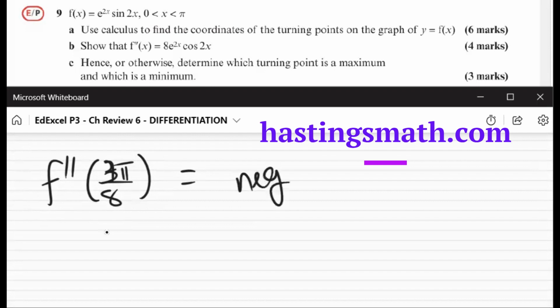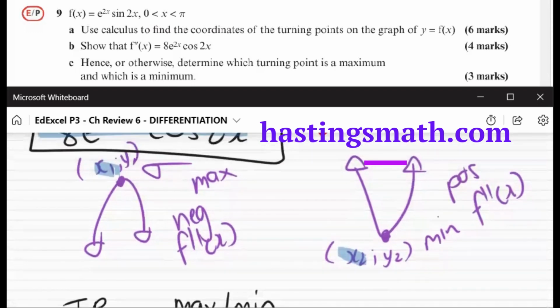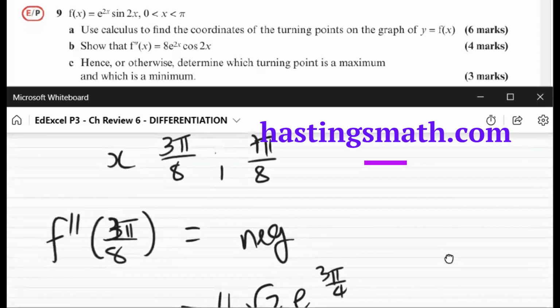Okay, this one has a negative answer: -4 square root 2 e 3 pi over 4. So the negative one, we go back to our little frowny face, the negative one is the max. So that means that your 3 pi over 8 is going to be your max.